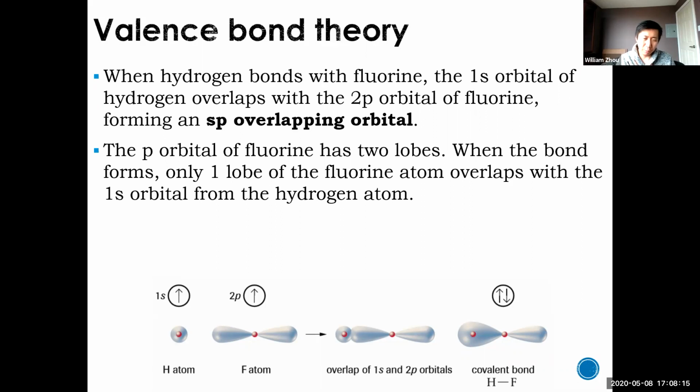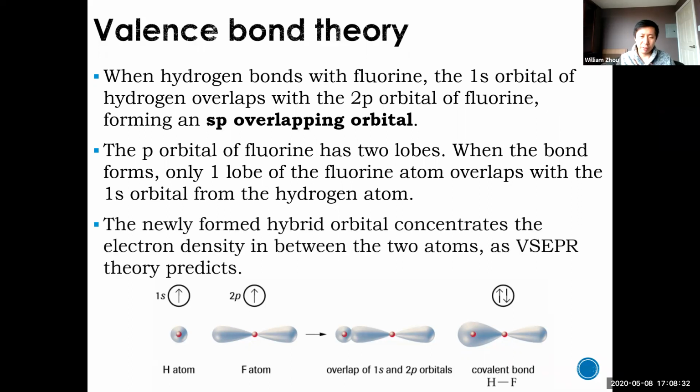That lobe will become a lot bigger than the other one, because you have a higher probability of finding the electron between the nuclei as opposed to somewhere else. So this will form a hybrid sp orbital. It's an overlapping orbital. Does that make sense?